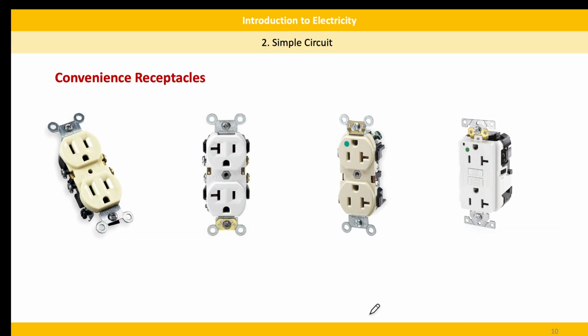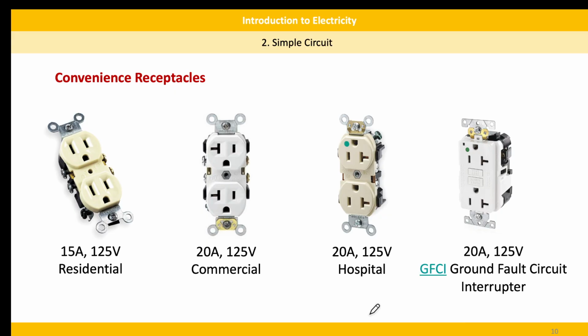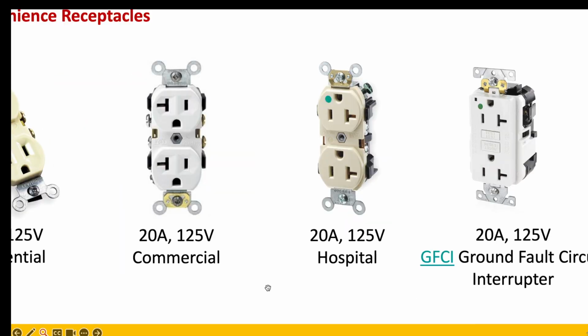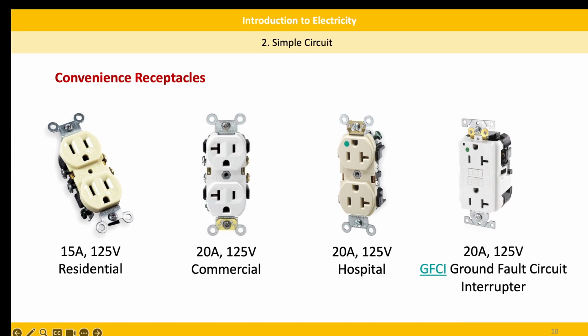And then let's see some very common convenience receptacles. Here I list some typical receptacles for residential, commercial, and hospital use. Only this one is special: GFCI, the ground fault circuit interrupter.